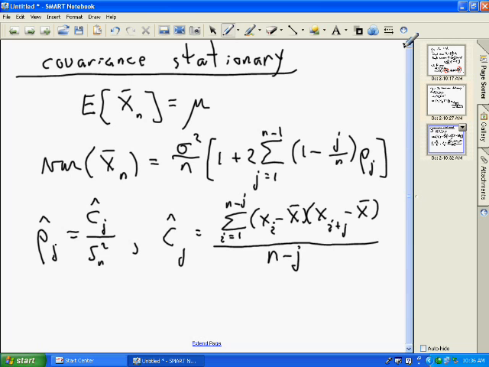You do not have to memorize this formula. I will not use it. I give it as an estimate. If we wanted to, we could estimate those lag j correlation coefficients.